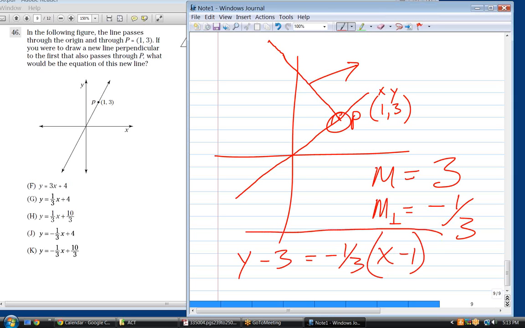The problem with using point slope is that you still have a lot of work to do to get it into y equals mx plus b, which all of the answers are in. So point slope is initially easier, but as long as you have to do all that work anyway, you might as well use y equals mx plus b from the start.